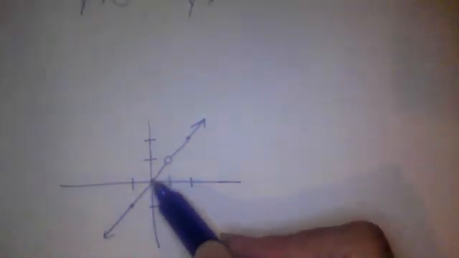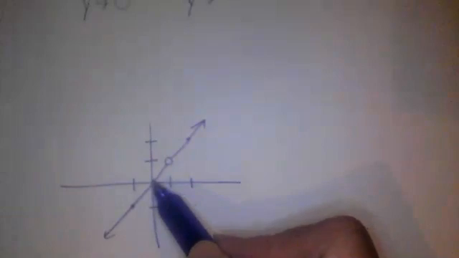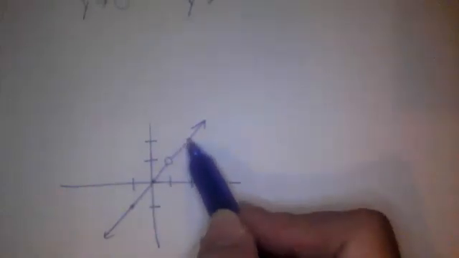If I have a graph, and let me put a few points on here. Now, let's just say it's a line. And this line has a gap in it right there. Well, I know that at 0, 0, I've got a value. I know that over here at 2, 2, I've got a value.